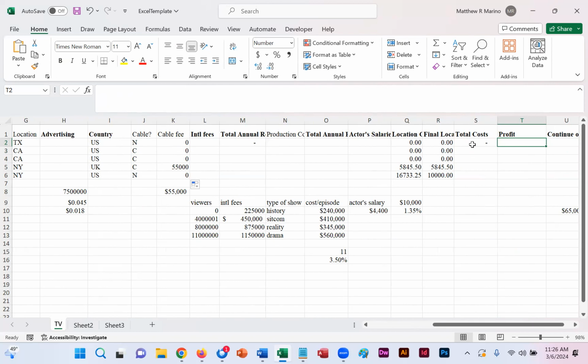You said advertisement revenue minus cost. No, profit is your total annual revenue minus total costs. Oh, okay, thank you. No problem.